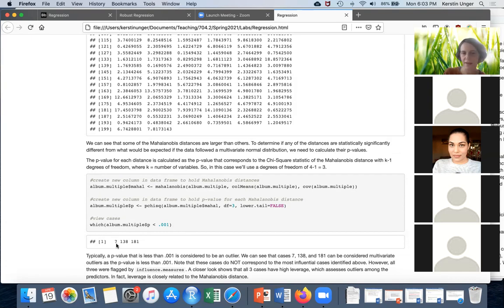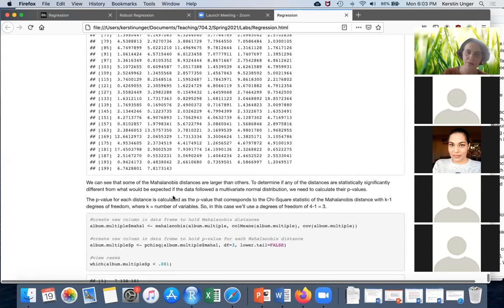And so we see here cases 7, 138 and 181. Those are the ones that are maybe a little unusual in terms of their distance from the data cloud, from the center of our big data cloud that includes all cases.